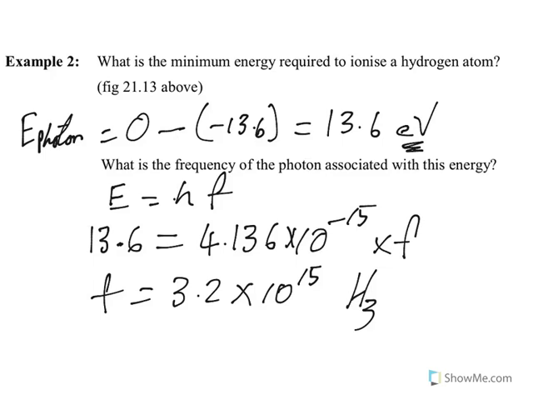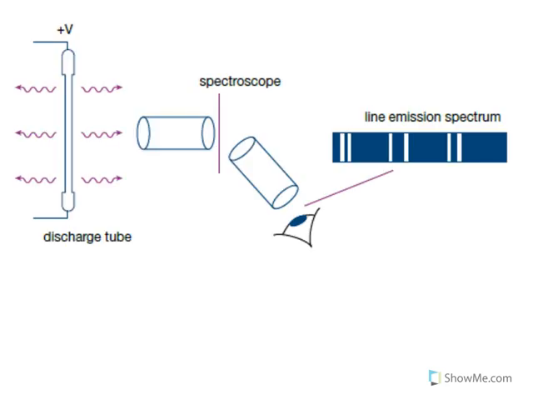Alright, so how can we produce emission spectra? I already mentioned that we can excite the atom, so we can produce emission spectra in this way. We have what's called a discharge tube.